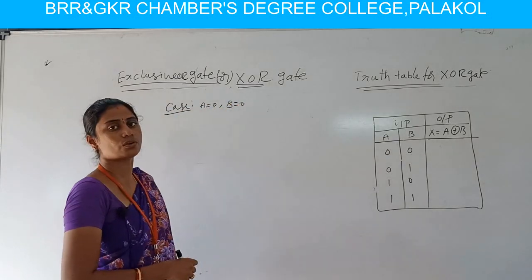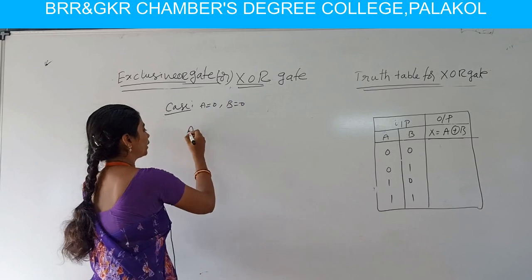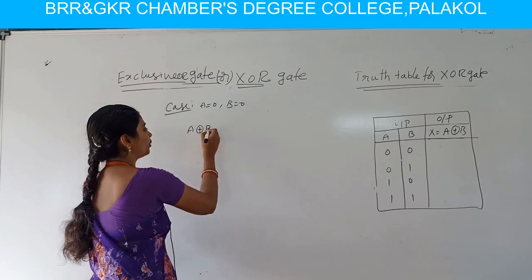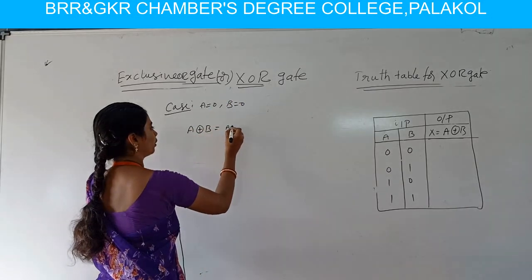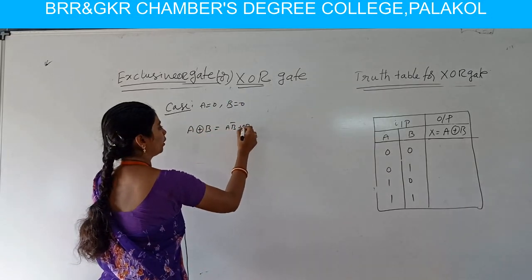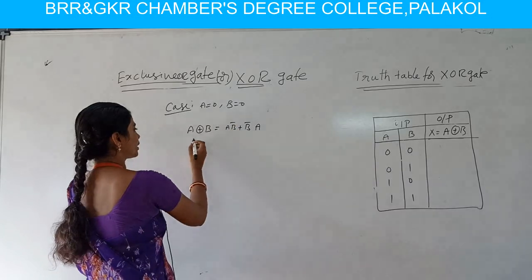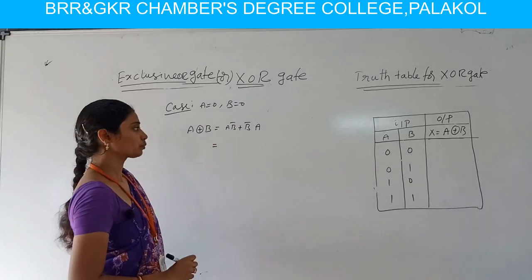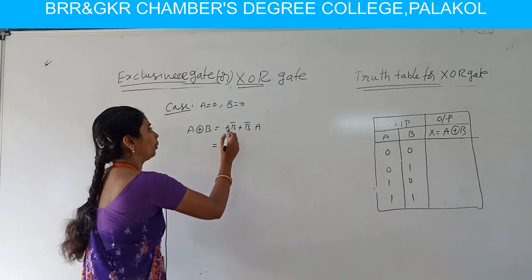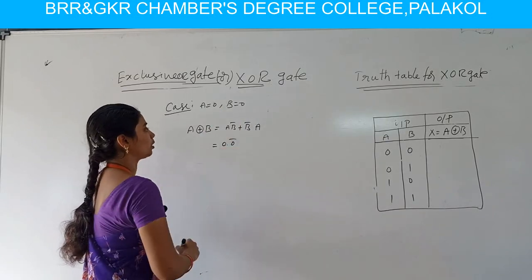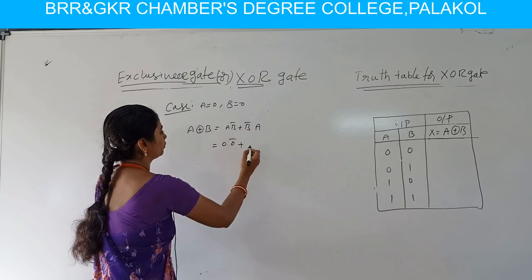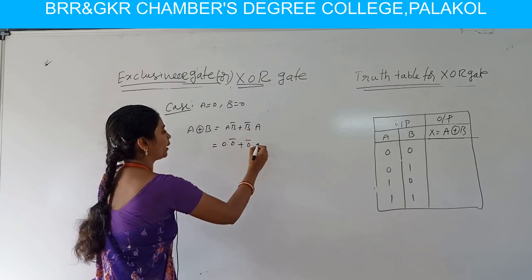This is the exclusive operation, A encircled B, which is A B bar plus B bar A. We consider A as 0 and B as 0, so 0 bar plus B bar, 0 bar and A 0.